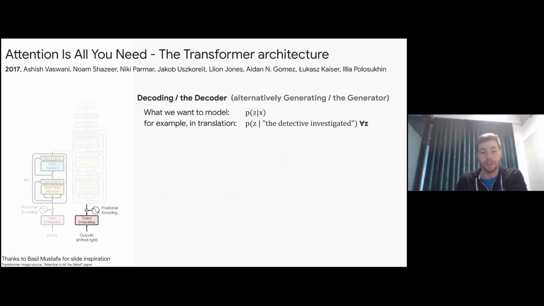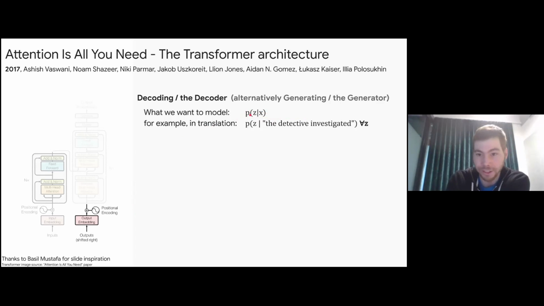The aim here for the decoder, or this type of model, is to learn to represent the probability distribution over all possible outputs, and then essentially sample from those. All possible outputs would mean, for example, all possible sentences in the target language, in Japanese. We want the distribution over them.